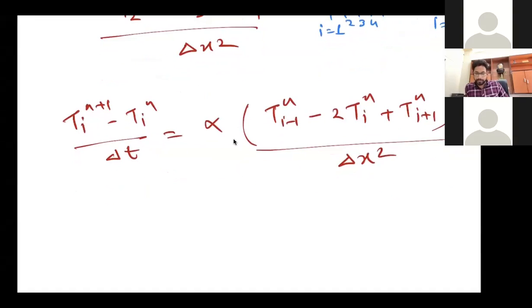Okay, so this is our discretized equation. What we are doing here: this side is showing us the temperature in different time steps, and this side is showing us the temperature at different grid points.